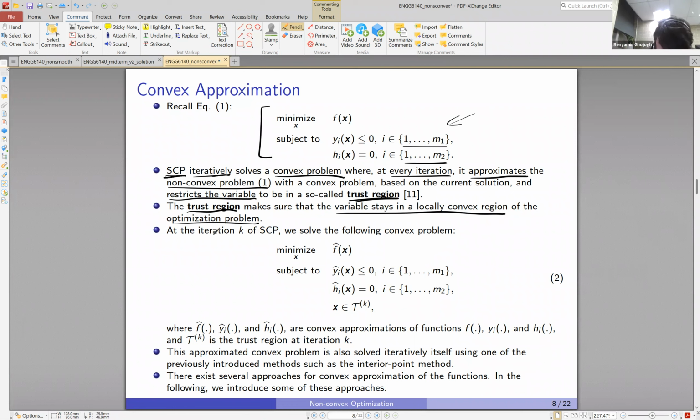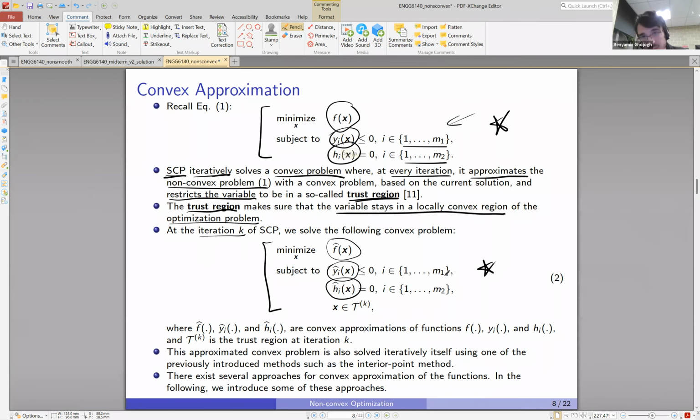At iteration k of the SCP, we solve this optimization problem. So at each iteration, we are relaxing this problem to problem 2, to equation 2 here. f hat of x is a convex approximation of f of x. yi hat of x is a convex approximation of yi of x, and hi hat of x is a convex approximation of hi of x.